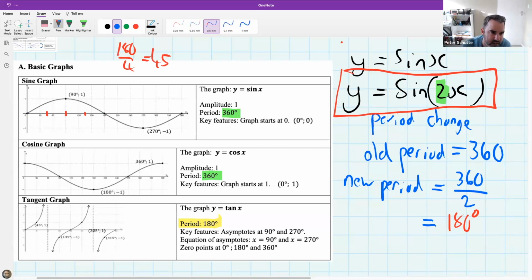So there's up to 1 at 45, down at 90, down and up. And what we notice is that a full period of the graph now fits in 180 degrees, whereas before I needed 360. And so that's what we call a period change. Give me a thumbs up if you have some awareness of period change.